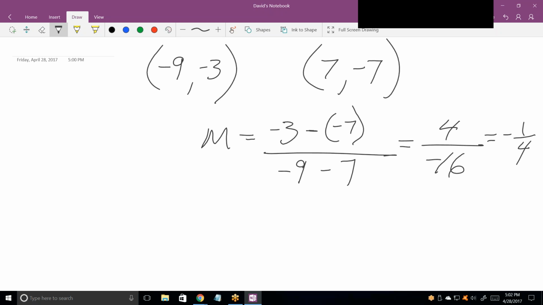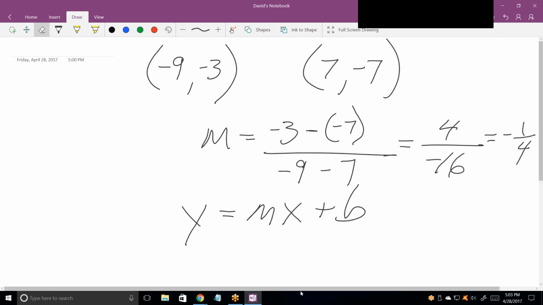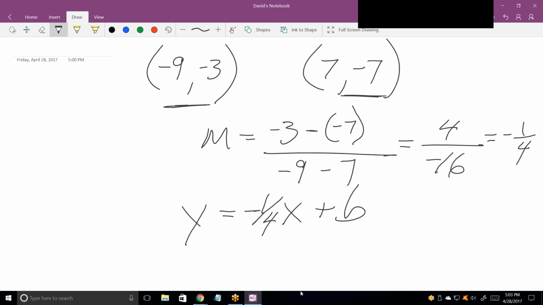Probably the way most people prefer is using y equals mx plus b format. We know what m is, and I can plug in either point for y and x, and that will solve for b.